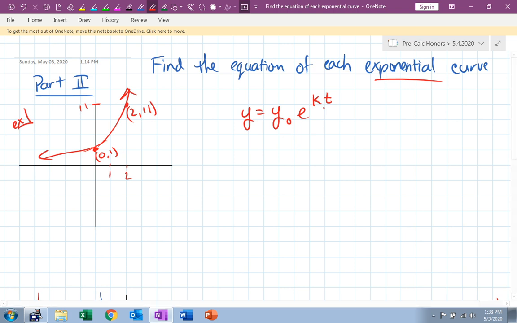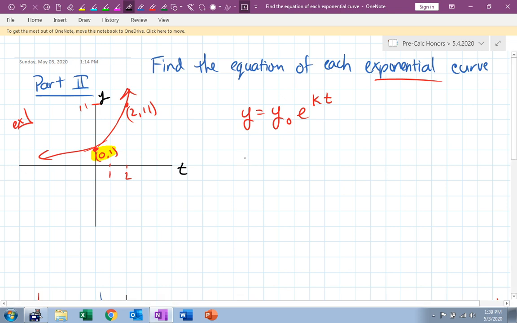So now we fill in what we know. We know the initial amount, and the way we know the initial amount is when t is 0. Really, this is the t-axis and the y-axis. So my initial amount in this graph is 1.